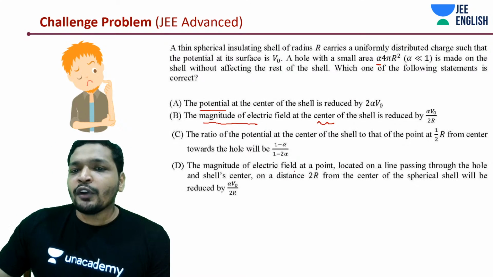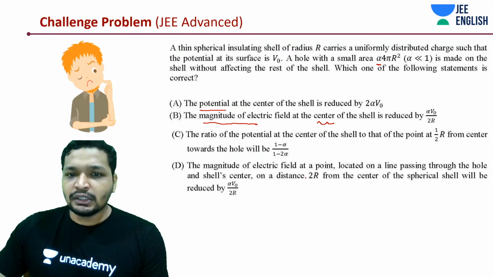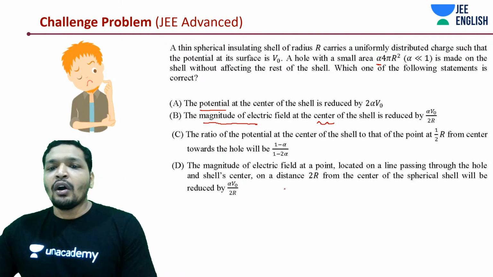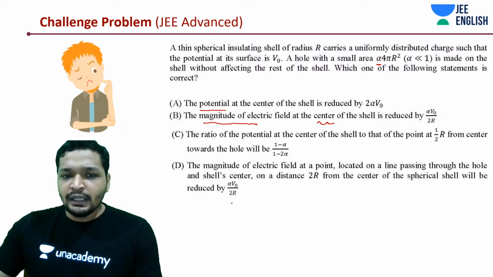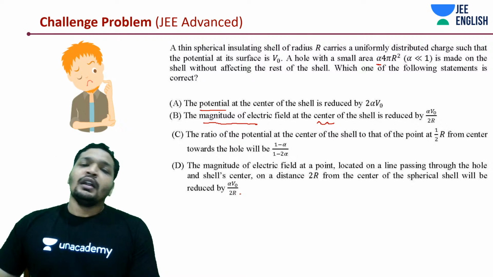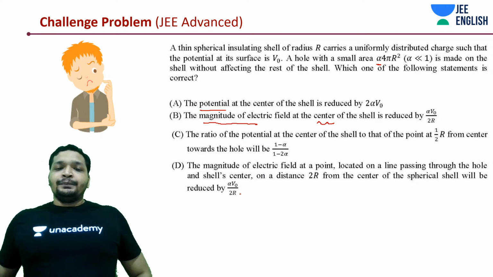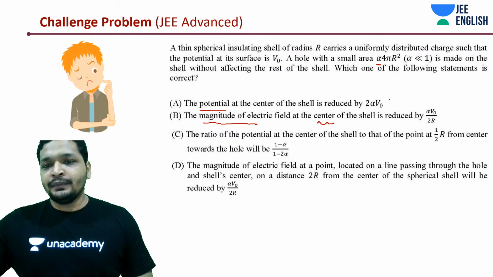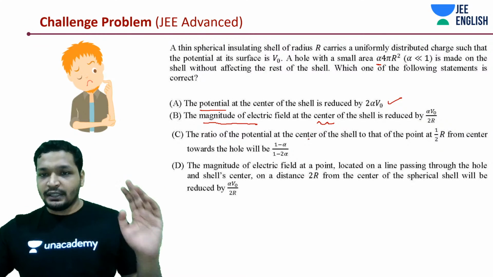And the magnitude of electric field at a point located on a line passing through the center at a distance 2r from the center of the spherical shell will be reduced by alpha into v naught by 2r. The thing is, if you have started with potential in this question, you have to analyze both A and C, even if it is multiple correct answers.